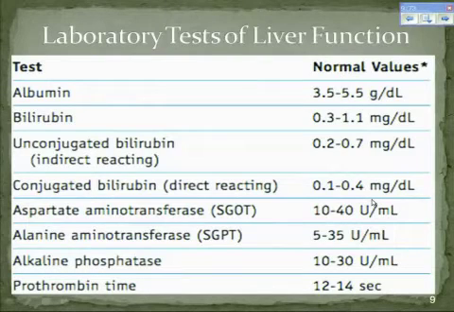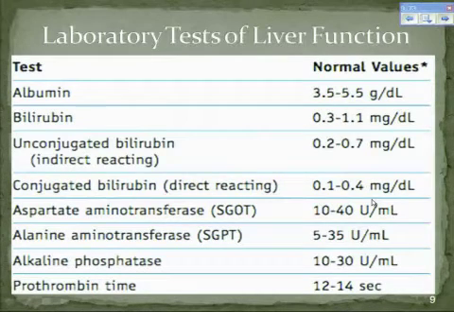Now, if you see that number become elevated, okay, this is where it becomes important to know why the mechanism of unconjugated versus conjugated matters. If you see that somebody's bilirubin is beginning to rise, the next test that we look at is whether it's unconjugated or conjugated bilirubin.